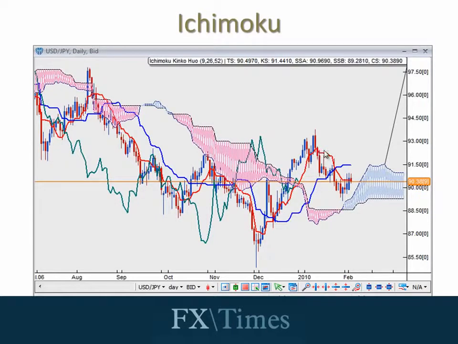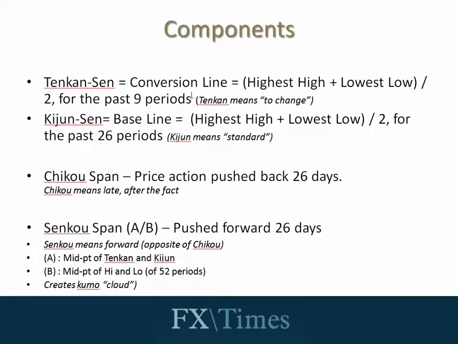The red one is also known as the conversion line, and that is the highest high plus lowest low divided by 2 for the past 9 periods, basically the moving average of the midpoints. The word Tenkan means to change. Kijun means standard, and that's the 26 period moving average of the midpoints. I believe it's supposed to use the exponential moving average. So those are your red and blue.